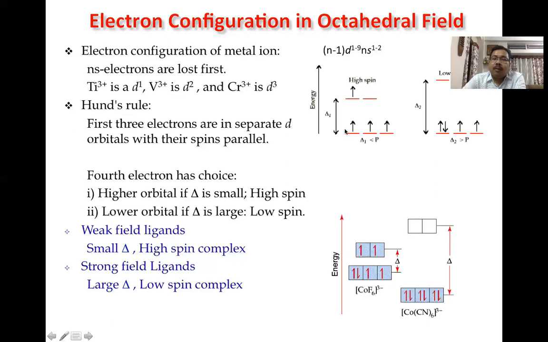First of all, these 3 orbitals will be filled singly, one by one. So if you have 3 electrons in the outermost shell d orbital, then the electrons will occupy these 3 orbitals only. That means dxy1, dyz1, and dzx1.